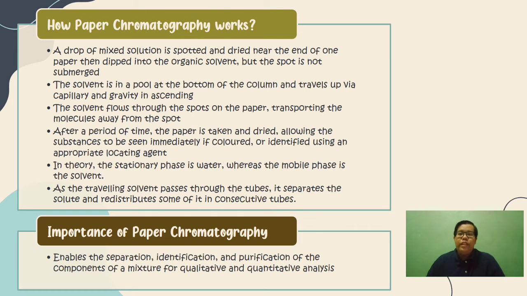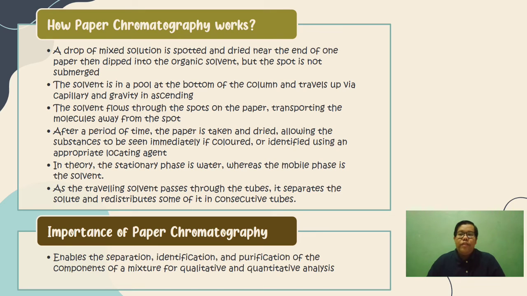The solvent is in a pool at the bottom of the column and travels up via capillary action in ascending chromatography. It is in a trough at the top in descending chromatography and flows down by capillary action and gravity. The solvent flows through the spot on the paper, transporting the molecules away from the spot.